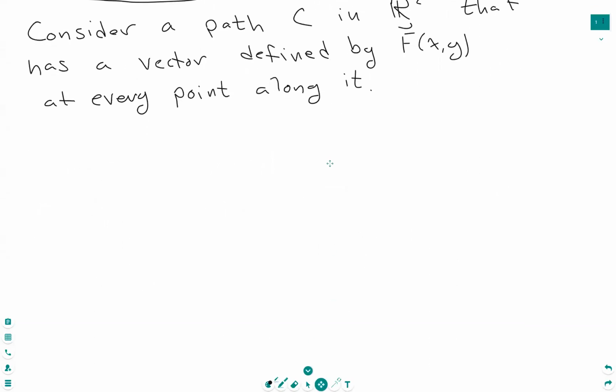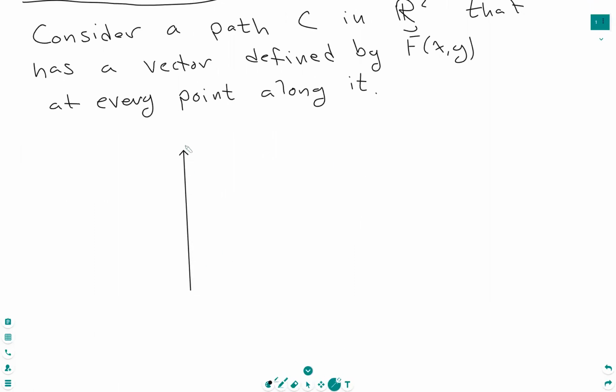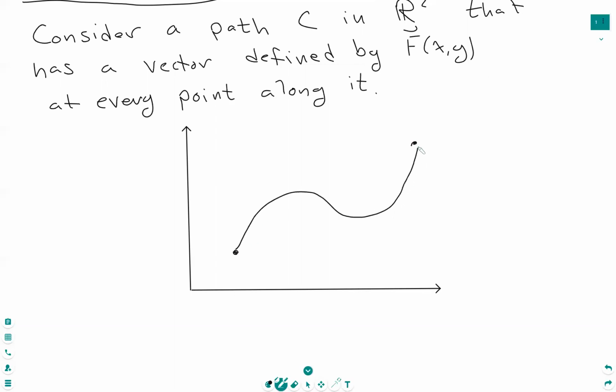So let's draw maybe something where we've got a path, maybe something like this, but at any one given point on this line, there is a vector given by some vector field that's associated with it. So it doesn't necessarily need to be along the line. It could be pointed anywhere.